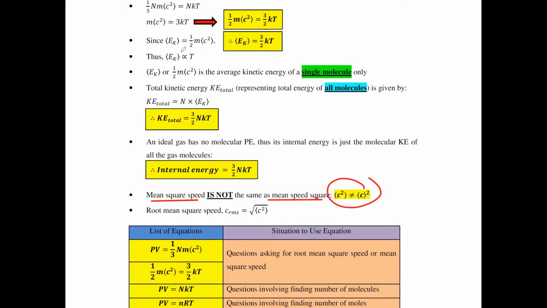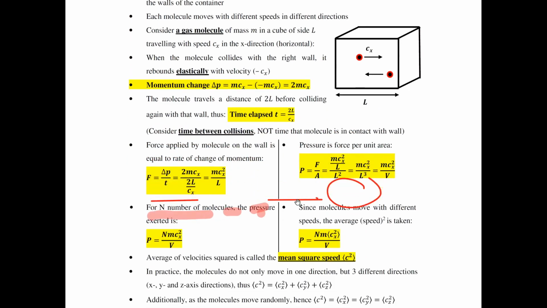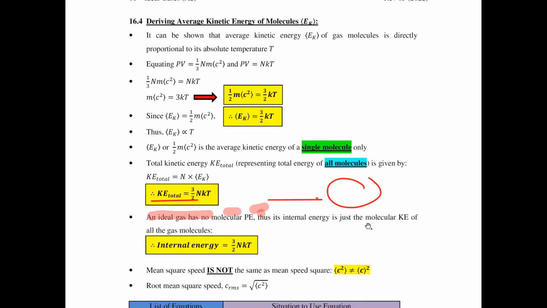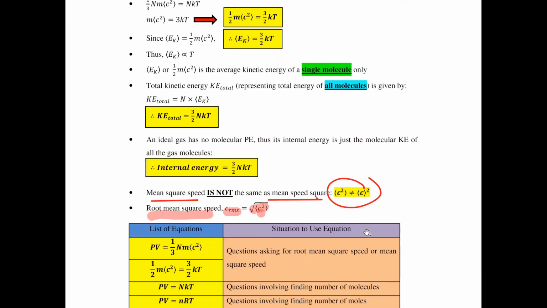When you square root your mean square speed, you get something called root mean square speed, which is called c_RMS, the square root of the mean square speed. You will sometimes be asked to find the root mean square speed in your questions. You just square root your mean square speed.